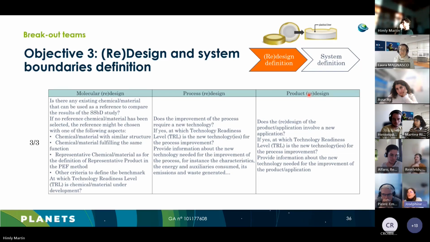Molecular: is there any existing chemical or material that can be used as a reference to compare the result of the SSbD study? And then you have other solutions if no. And for the process design, does the improvement of the process require a new technology? And for the product design, does the redesign of the product involve a new application? So the idea will be to identify among these 3 which is relevant for the case study.